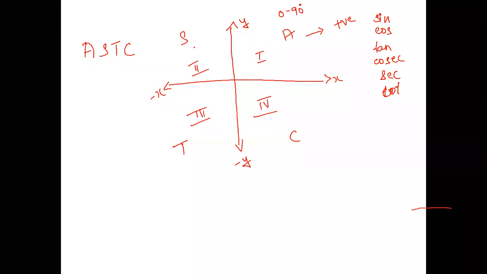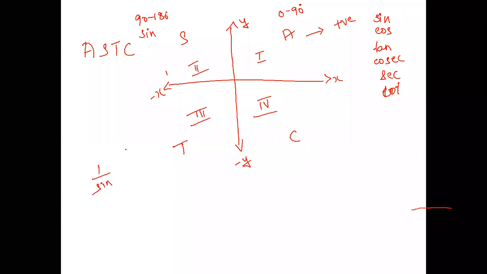So when we come to the second quadrant, that is S. What S signifies is that the angle here is between 90 and 180 degrees. Here S signifies sine and its reciprocal. What is the reciprocal of sine? What is 1 by sine? Cosecant.